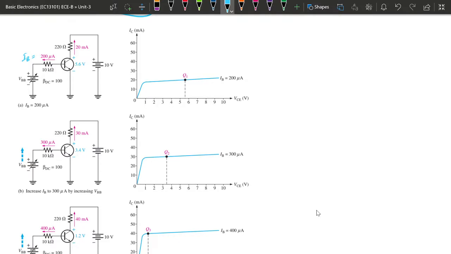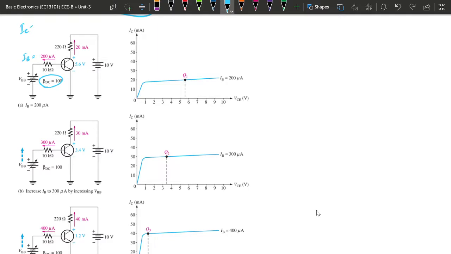So for that base current we will get this collector current. So here beta is given. Beta for a transistor is already a fixed value. So beta DC for this BJT is given as 100.